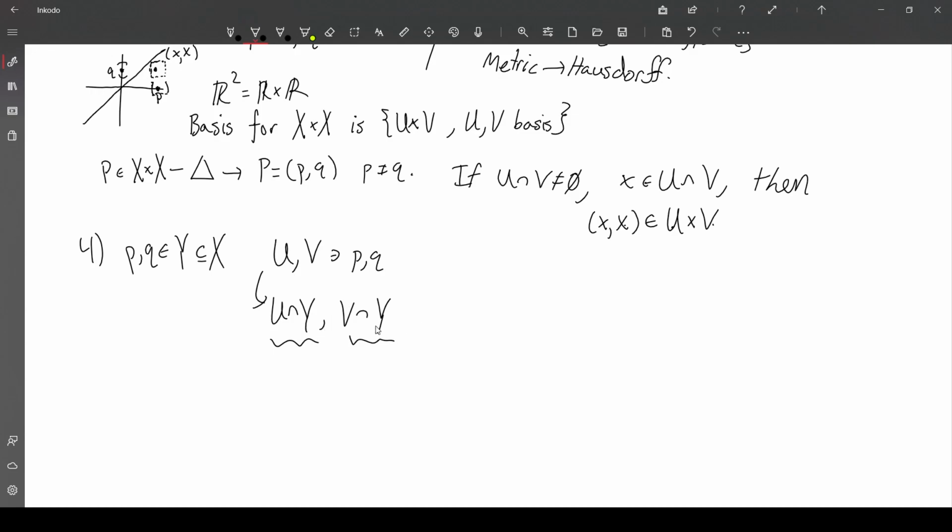They're also disjoint because U and V are disjoint, and this one contains P and this one contains Q, because P is in Y by definition, and P is in U because U was chosen to contain P. Similarly, V contains Q. So yeah, that one's pretty simple.